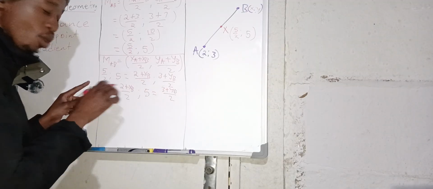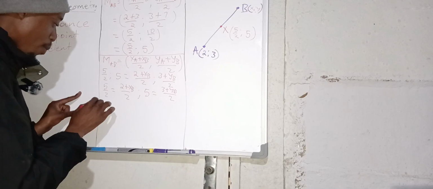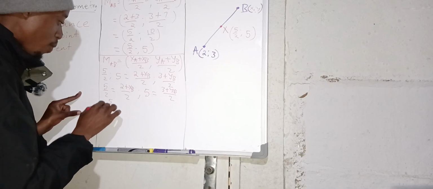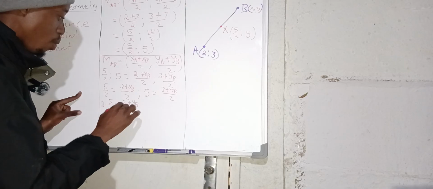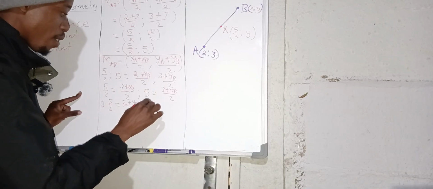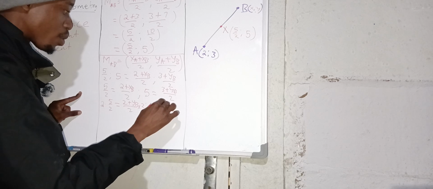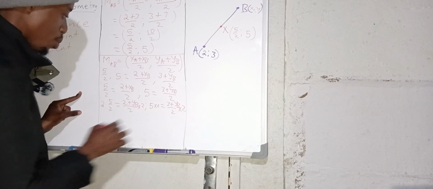I'm going to multiply both sides by 2. What is going to happen? I'm going to have 2 multiplied by 5 over 2 equal to 2 plus XB all over 2 multiplied by 2. The same is true here: 5 multiplied by 2 is equal to 3 plus YB all over 2 multiplied by 2.